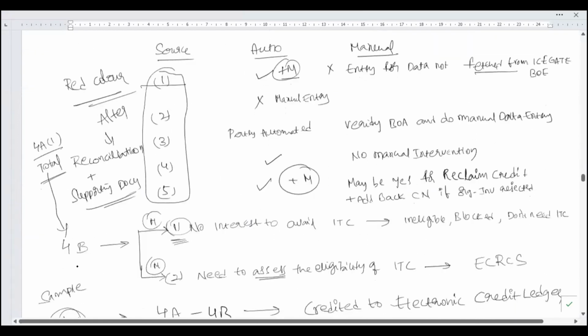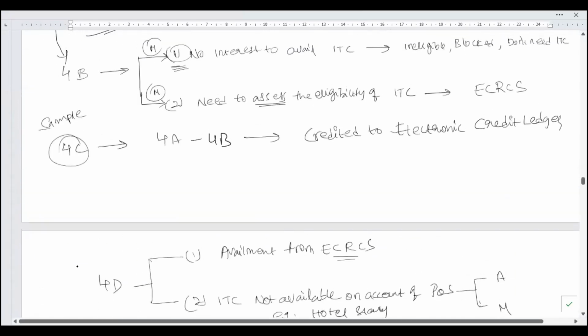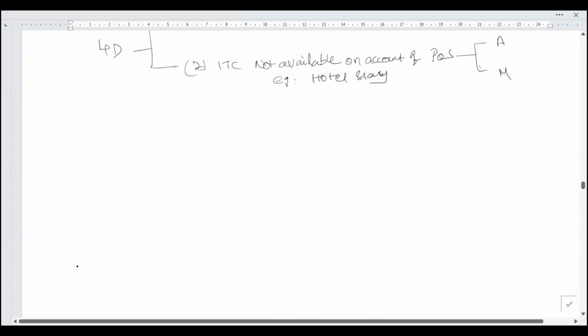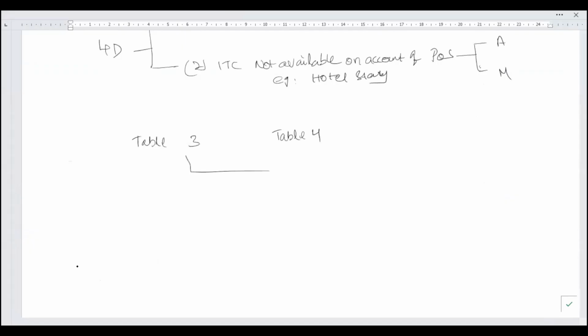In 4C, you will get to know how much is the tax available with Praveen, right? So this table 3, table 4 gets summarized in table 5 for payment of tax.